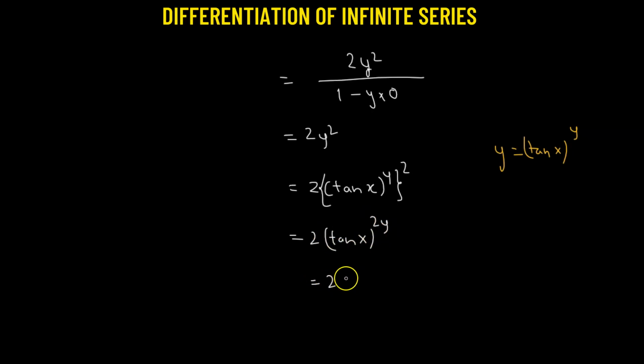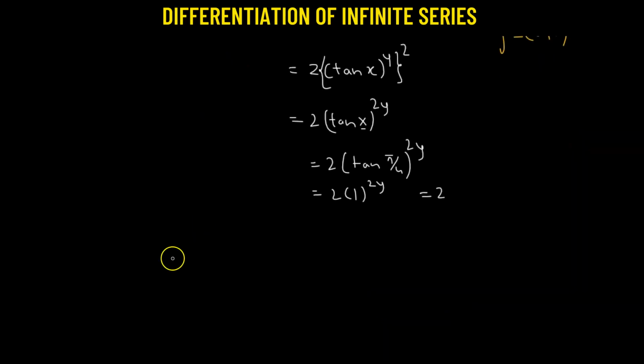We'll also have to substitute the value of tangent of x at x equals pi over 4. Tangent of pi over 4 is 1. So 2 times 1 raised to the power of 2y gives us the value 2. So that means the value of the derivative of y with respect to x calculated at x equals pi over 4 is equal to 2.